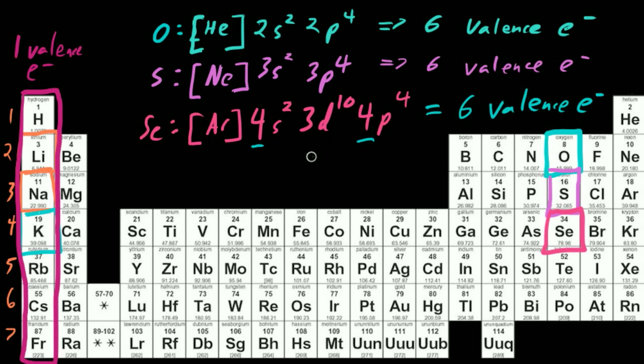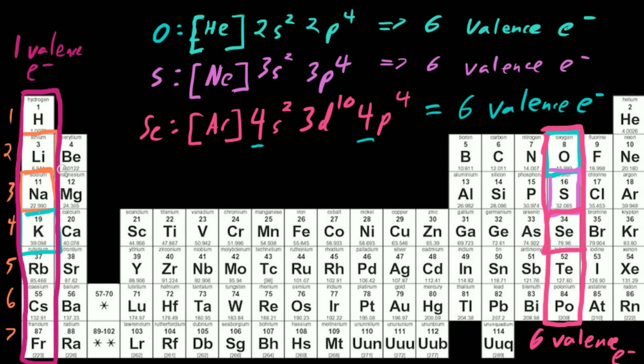So now you might see that we've got a similar pattern of being able to see valence electrons. And what we're going to find out is that everything in this row right here is going to have 6 valence electrons.